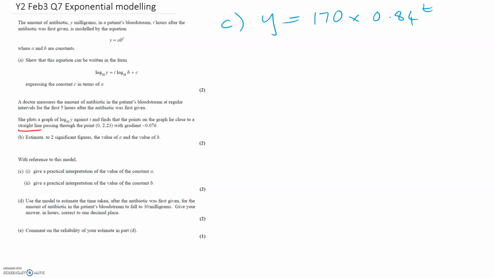At the initial time, there are 170 milligrams in the patient's bloodstream, and then after 1 hour you would times this by 0.84, and that would tell you how much is in the patient's bloodstream after 1 hour. So this is after 0 hours, 1 hour, 2 hours, 3 hours, and so on. Each hour you're multiplying by an extra 0.84.